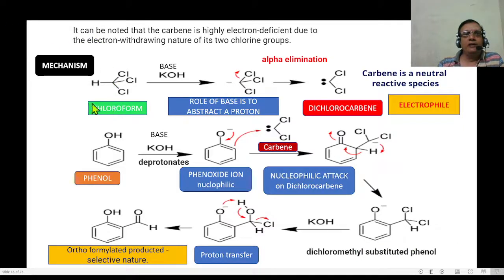Again, the mechanism is explained in the reaction pictorially, and already we know about the chloroform here and the phenol. We have explained in the early videos that during a reaction, one is the substrate and one is the reagent, and this particular reagent is treated with the base. So deprotonation is taking place in both cases, in the reagent as well as in the substrate.